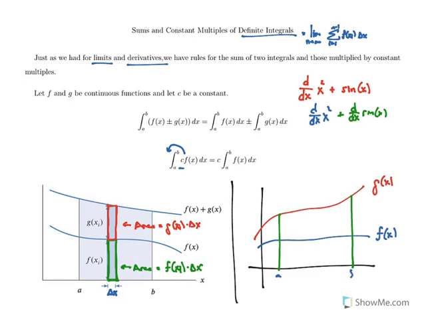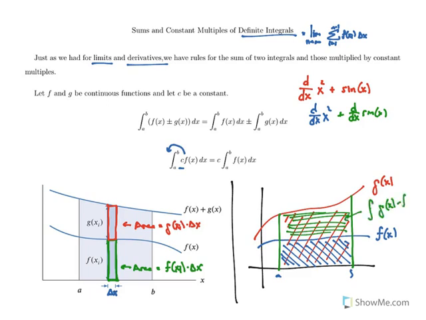The area under the g curve minus the area under the f curve would give you this area, and this is the area of the integral of g minus f.